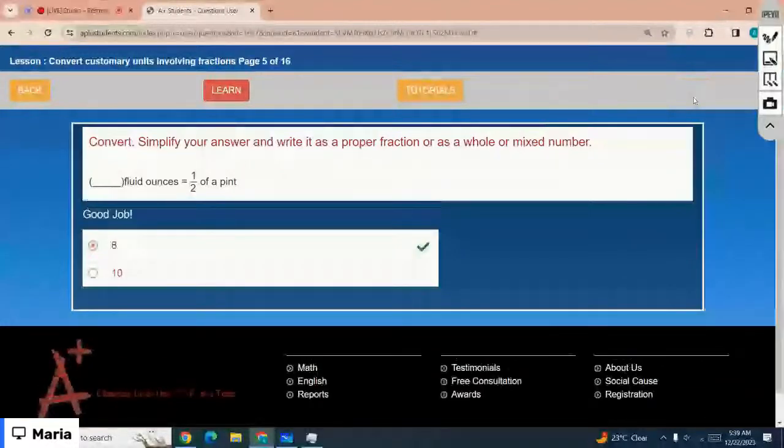Okay, 4 inches equal how many feet? 4 inches equal 1/3 of a foot. The correct option is 1/3.